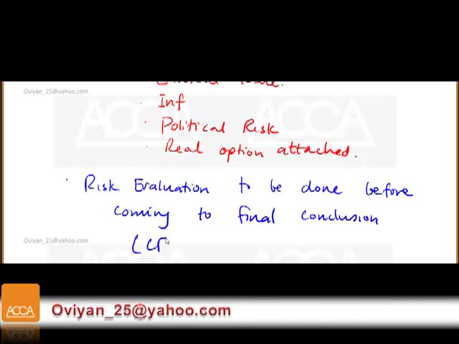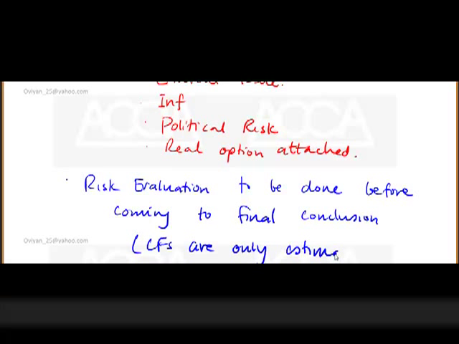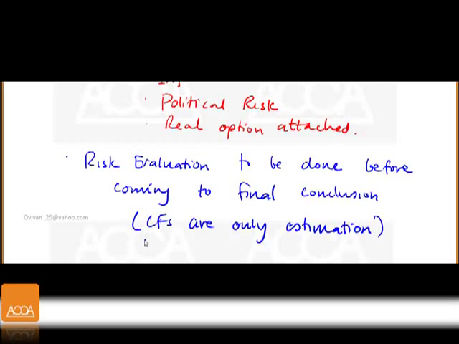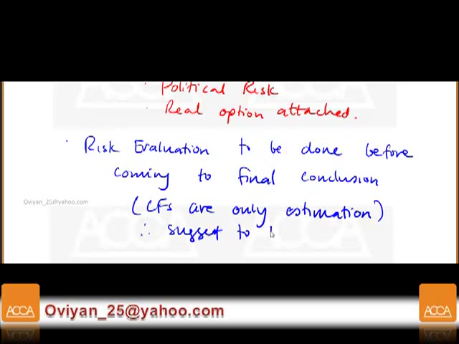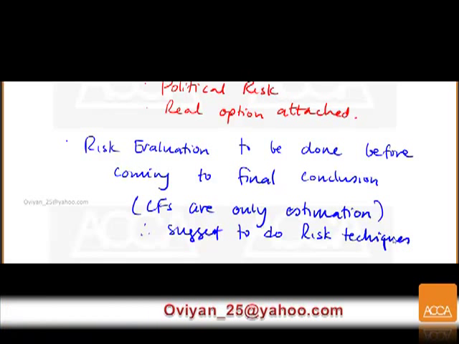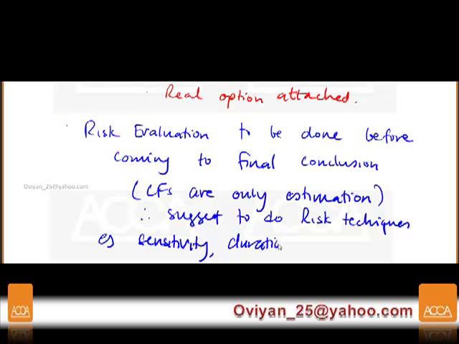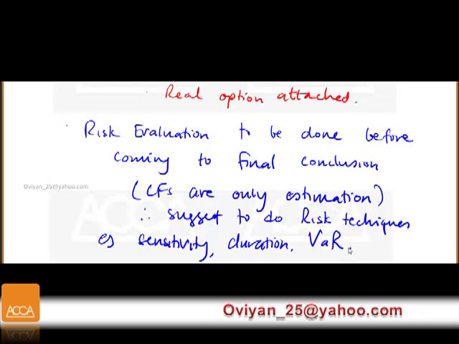Now you must remember, cash flows are only estimation. Therefore, suggest doing risk evaluation techniques. For example, sensitivity. Maybe we can talk about duration. Maybe we can talk about value at risk.